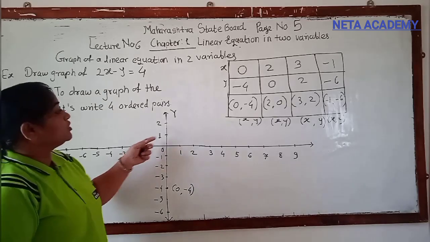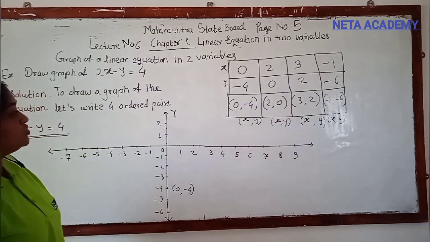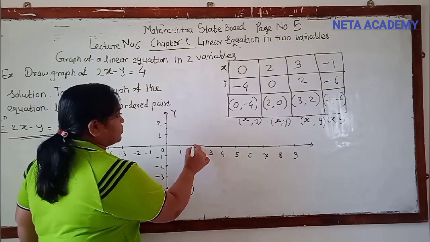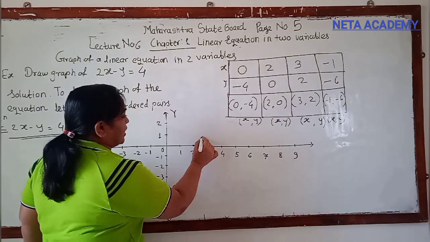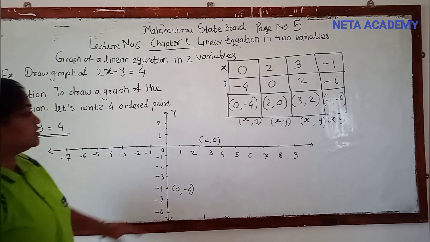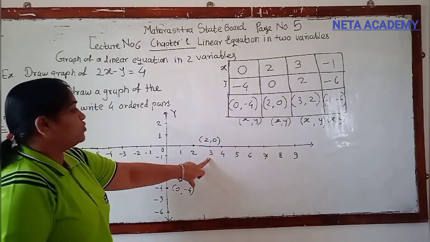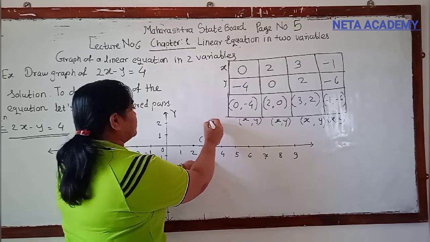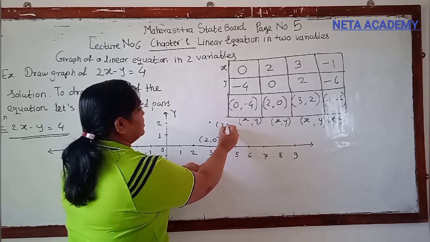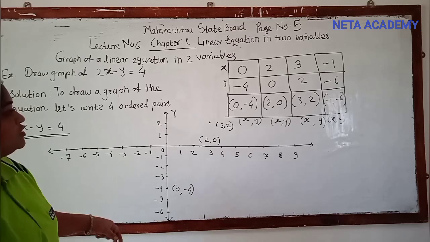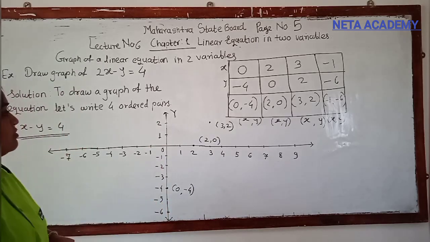Then 2 and 0. X is 2 and y is 0. So this is our second point, 2 and 0. The next point is x is 3 and y is 2. So this point will be here, 3 and 2. And the last one, minus 1 and minus 6.